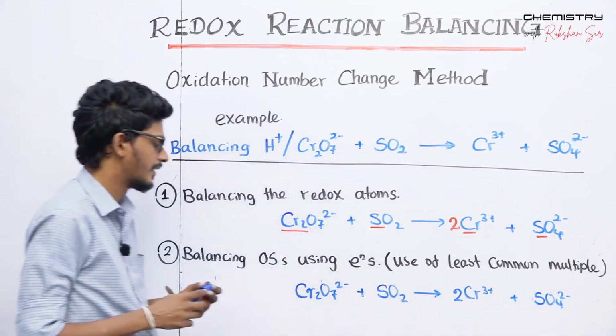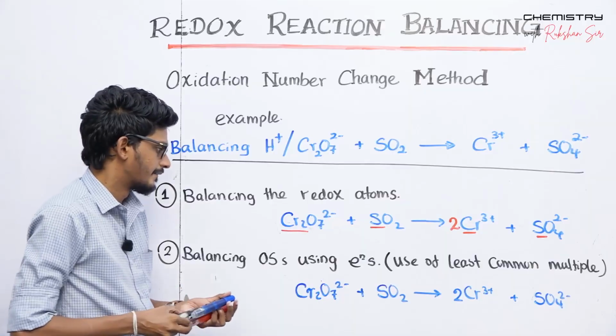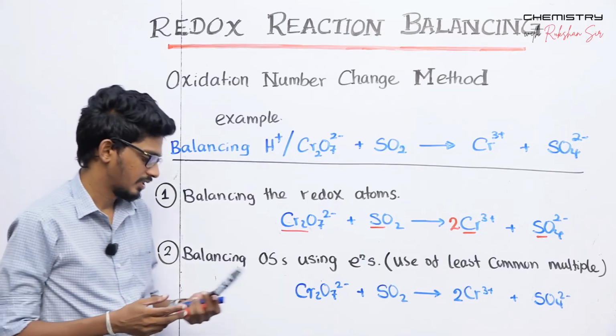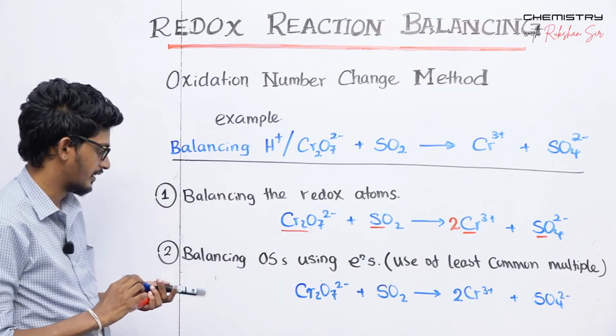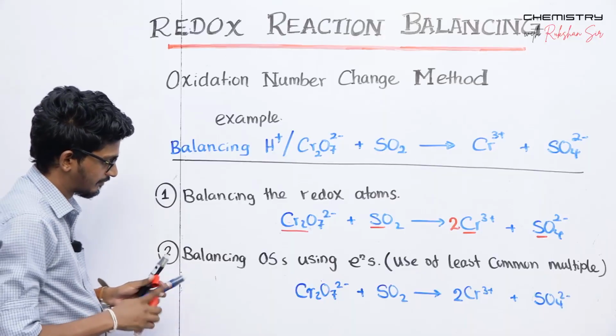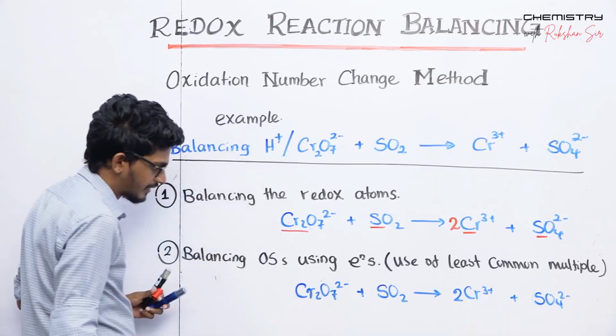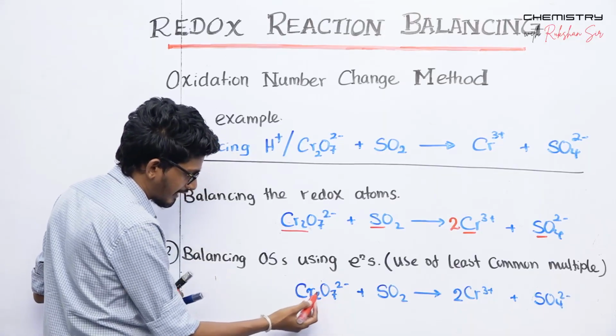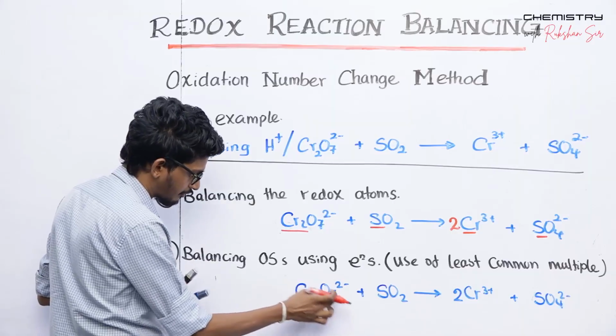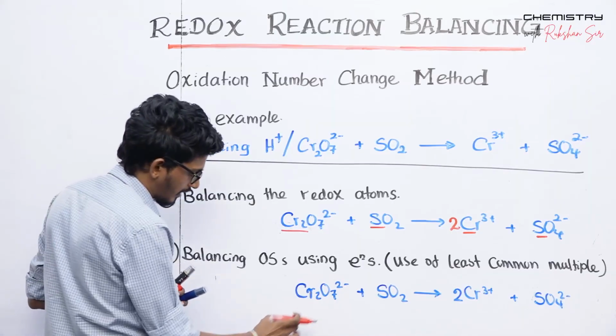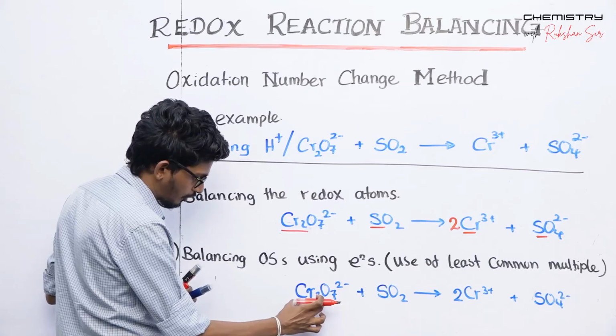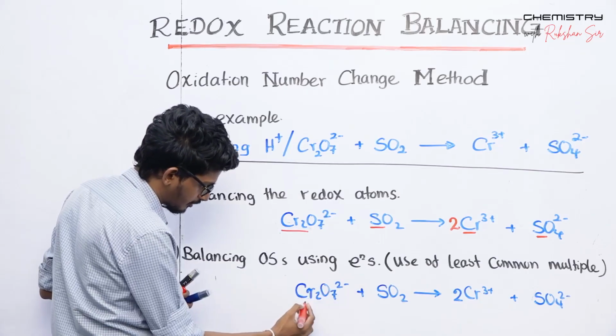Let's use the least common multiple to balance the oxidation states here. When it comes to the oxidation state of these two chromiums, 7 oxygens carry minus 14, so this could be plus 14 minus 2, it is plus 12.